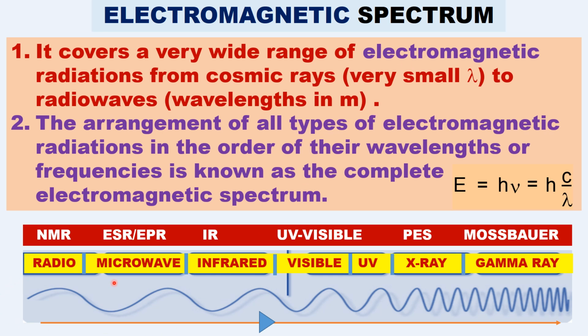See, this is radio wave, and gamma ray, and next cosmic rays. The arrangement of all types of electromagnetic radiations in the order of their increasing wavelengths or frequencies is known as the complete electromagnetic spectrum.